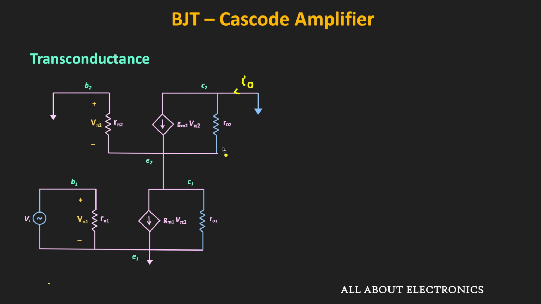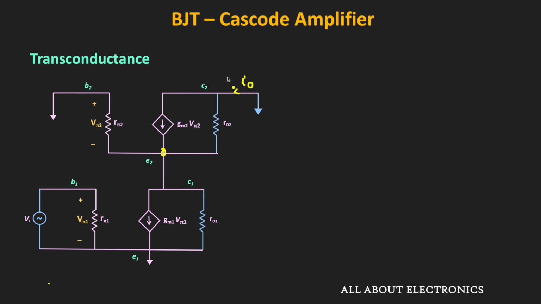So here, once we connect the output to the ground terminal, then this Rpi2, RO2 and RO1, all three are connected in parallel. Because if you notice over here, one end of these three resistors is connected at this point, while the other end is connected to the ground potential. And moreover, the voltage drop across all three resistors is equal to Vpi2.